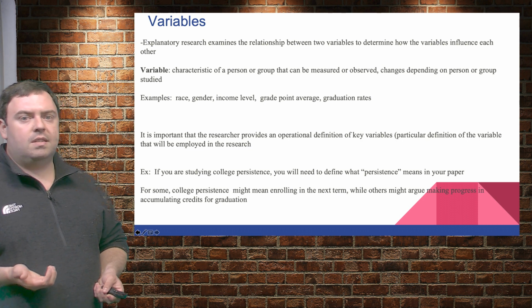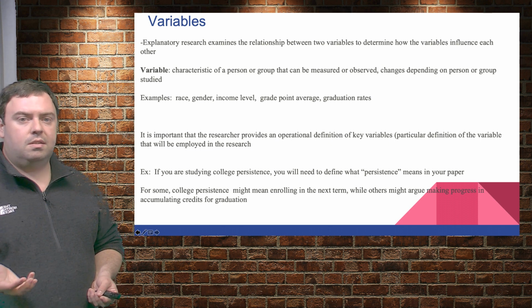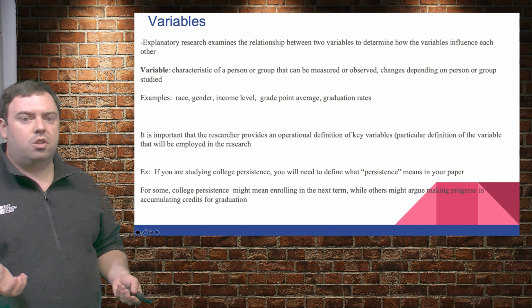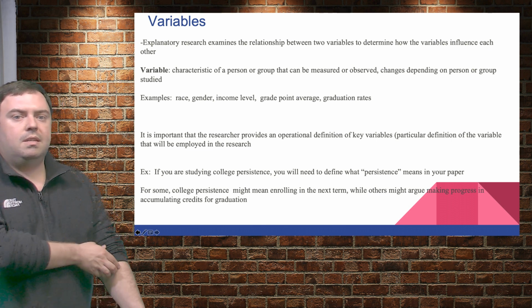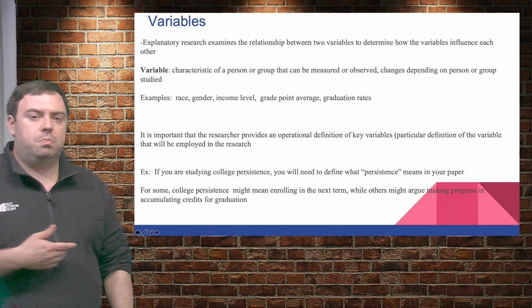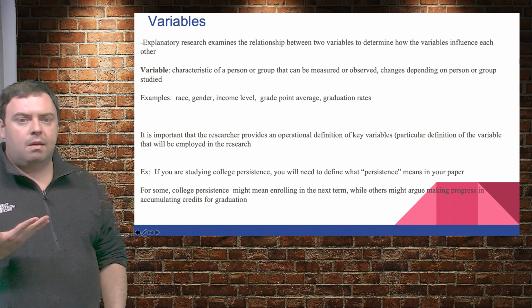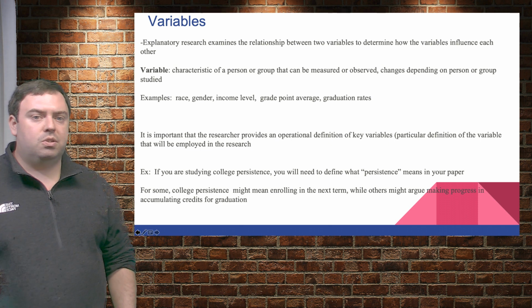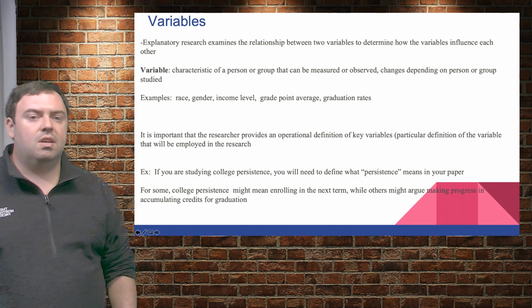As an example, if you are studying college persistence, that's something you're interested in studying in your research, you have to define what is persistence, because that is a variable that can change from student to student. What one person might consider persistence, or a measurement of college persistence, might be different than another researcher's.